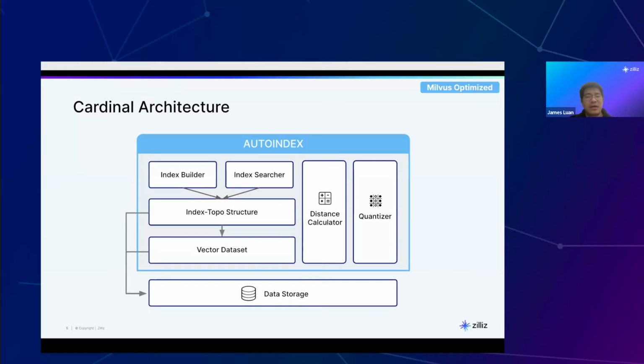On the other side, since we have all kinds of indexes, we can dynamically choose between using a graph index or an inverted index based on a lot of query conditions. If the top K is very, very large, then graph indexing is not very efficient, so we pick IVF index. If the top K is very small, then definitely choose graph index.